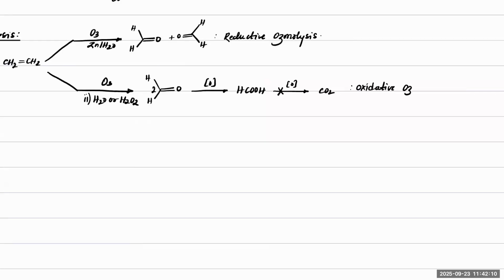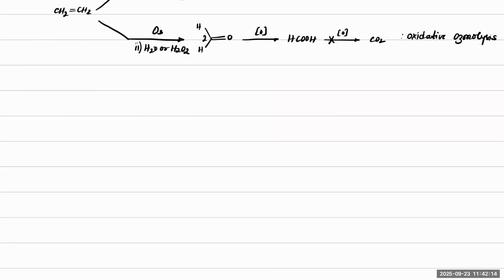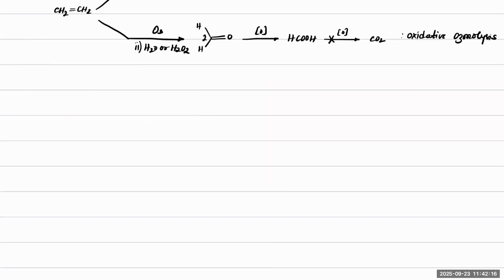Okay. As much as mechanism is concerned, what you need to know is that for CH2 double bond CH2, ozone will have O with minus and plus like this. So pi will attack here, this minus will attack here. That will first form a compound called molozonide, like this.